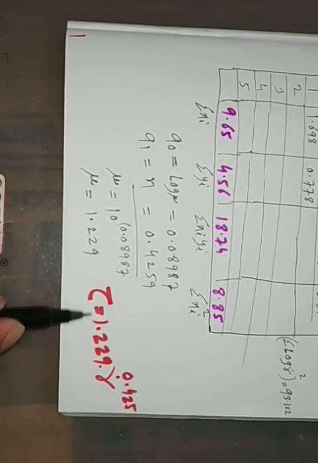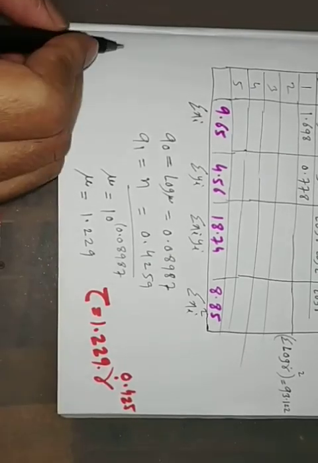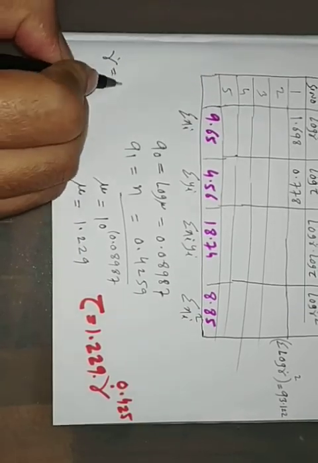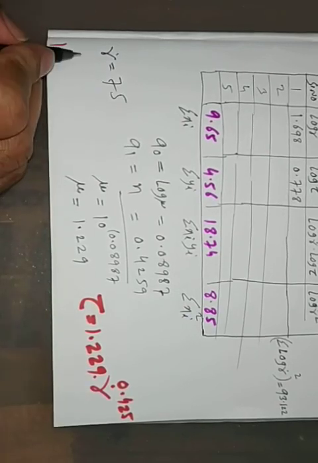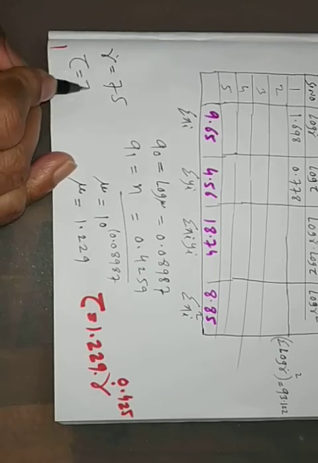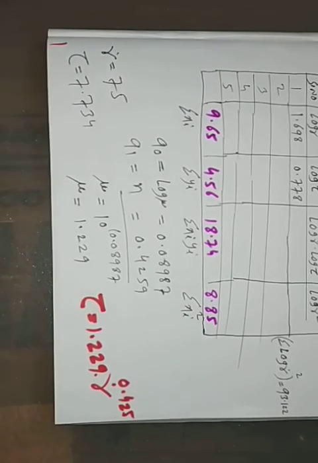So now using this relationship we can find out any value of tau at any value of gamma dot. So for example, if you take gamma dot is equal to 75, put in this equation, we'll get tau is equal to 7.734.